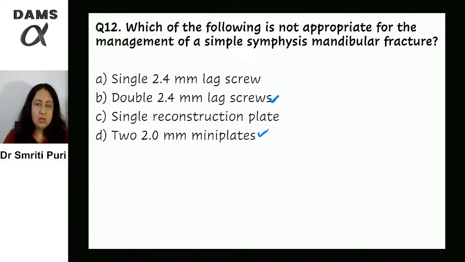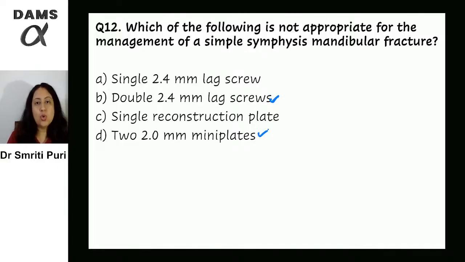If we revisit Champy's principles of osteosynthesis, Champy's lines of osteosynthesis, it always says two plates, one at the upper, one at the lower aspect. Please remember those are the principles for mini plates.